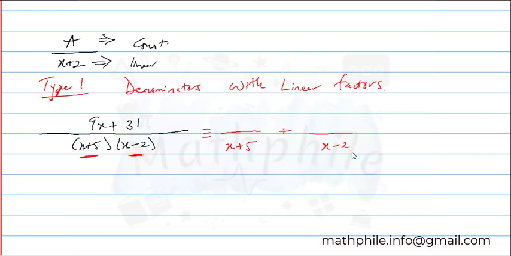Now remember I told you that to write the partial fraction equivalent, we are interested in the denominator. And the denominator actually tells you the type of numerator to use. So if the denominator is x plus 5, this function is a linear function. So what do you think will be on top?